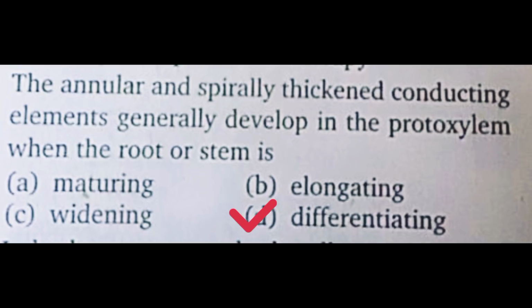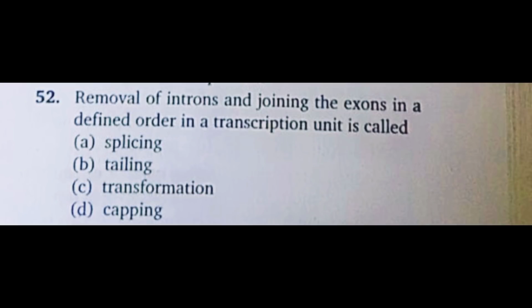The next question, removal of introns and joining the exons in a defined order in a transcription unit is called. The options are splicing, tailing, transformation, capping. And the right one is option A, splicing.